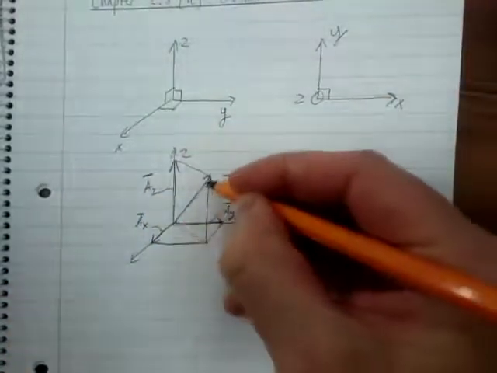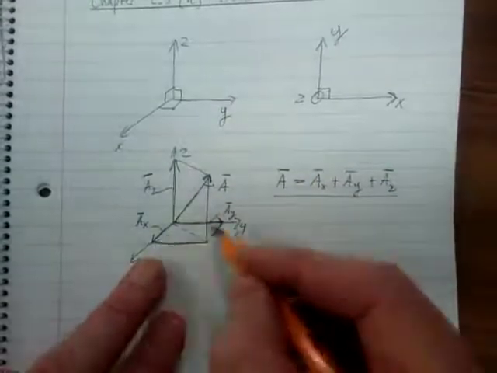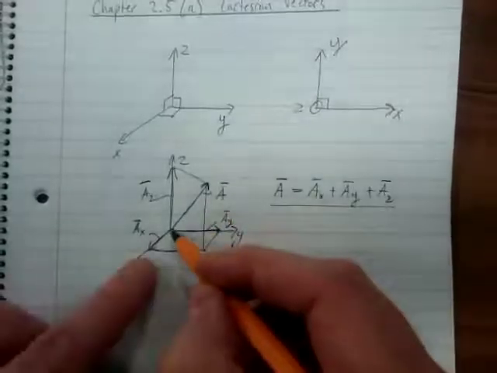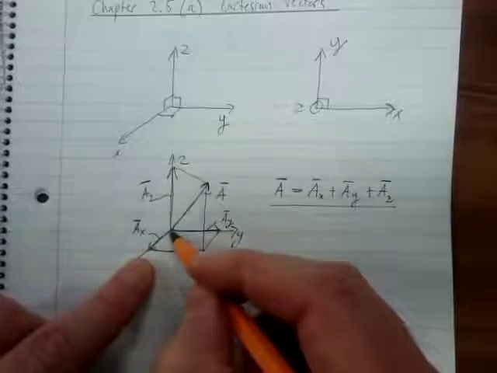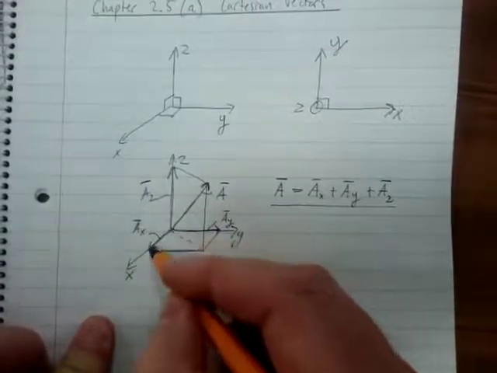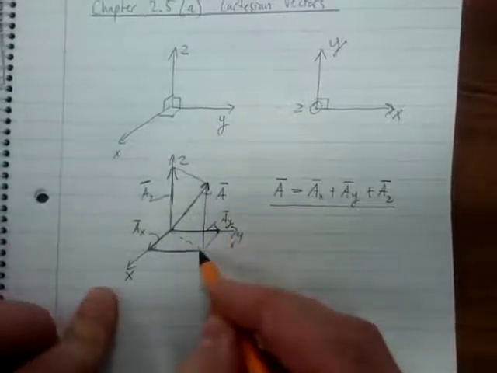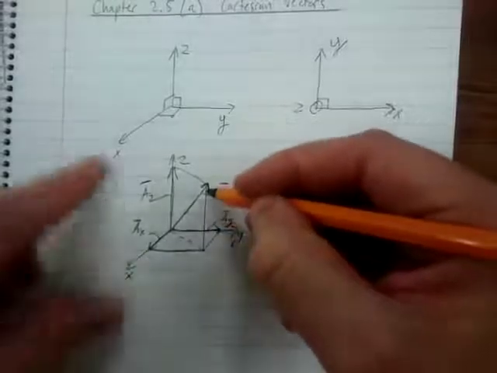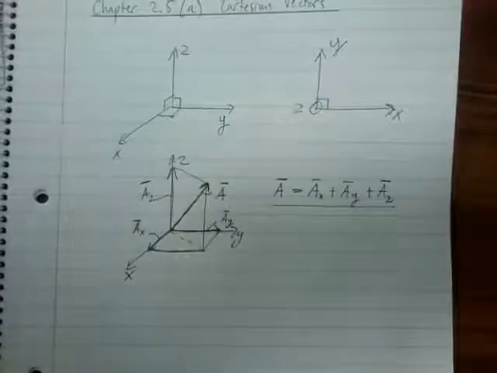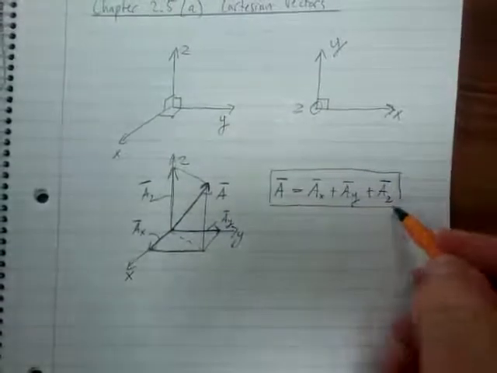So do you see that that resultant vector A is equal to Ax plus Ay plus Az. Another way of looking at it is, if I walk in the x direction with that magnitude, and I walk in the y direction with that magnitude, and I walk in the z direction with that magnitude, I end up at the tip of that vector. So please take note of that.